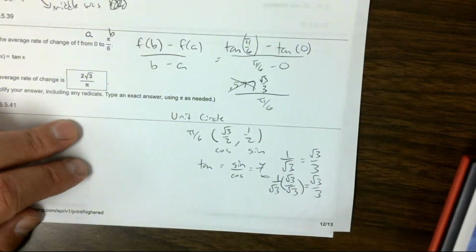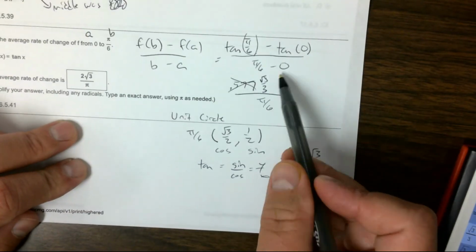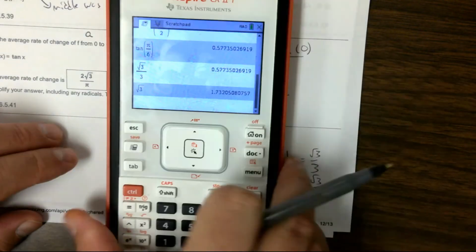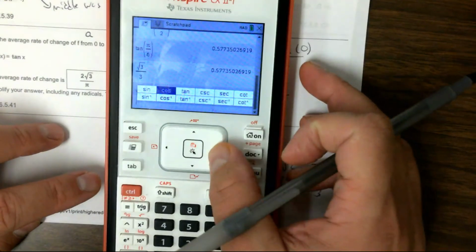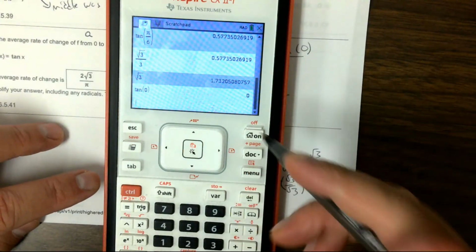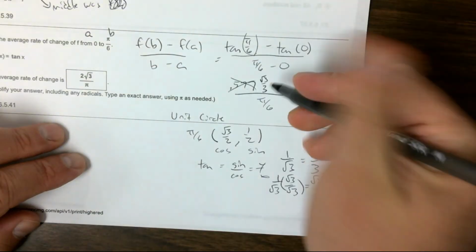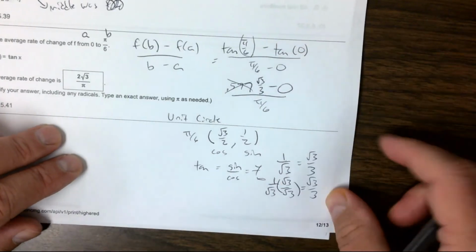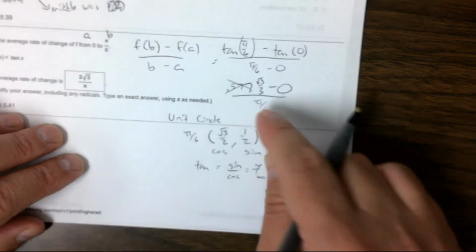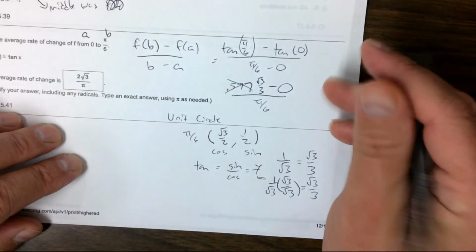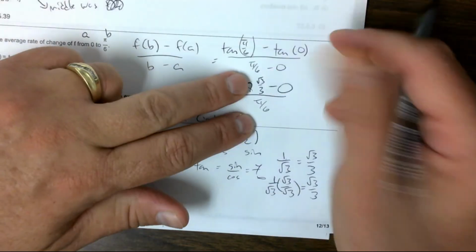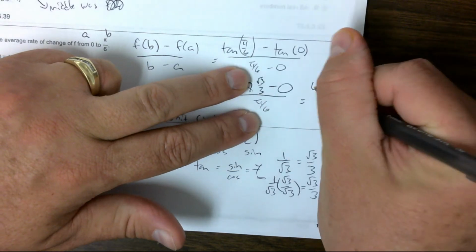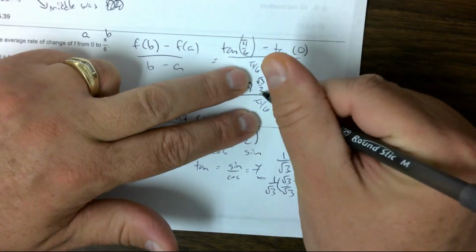So the other one we needed was tan of 0. And tan of 0 is 0. Now this looks a bit tricky, but the minus 0 goes away, and it really goes to 6 square root of 3 over 3 pi.